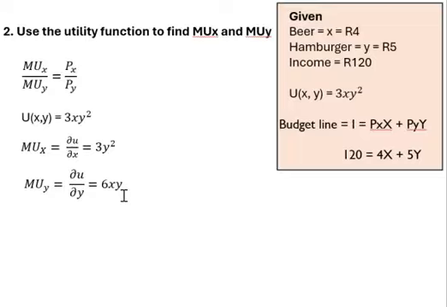So now what we do is we substitute MUX and MUY into our equation. So we say 3y squared divided by 6xy equals, we know the price of x, we said it's 4, and the price of y, we said it's 5, equals 4 over 5.